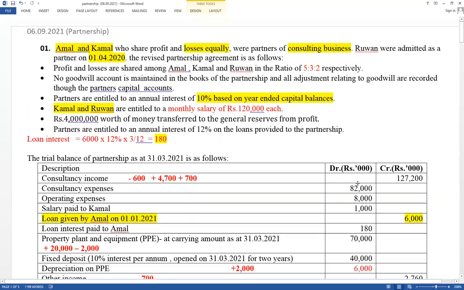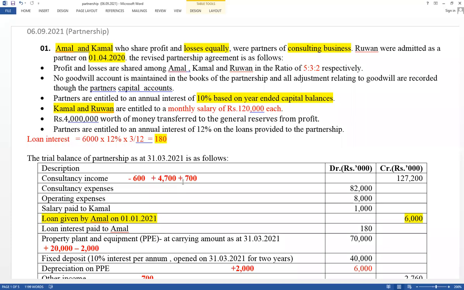Think about consultancy income: correct value, plus the values to be added and minus the values to be deducted. 127,200, minus 600, plus 4,700, plus 700.